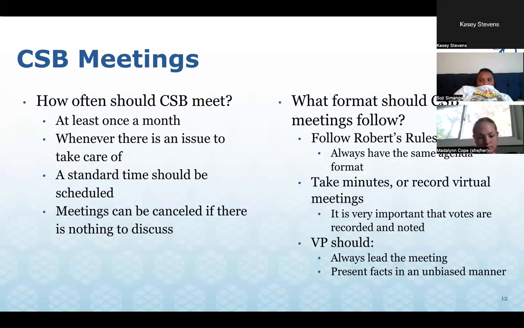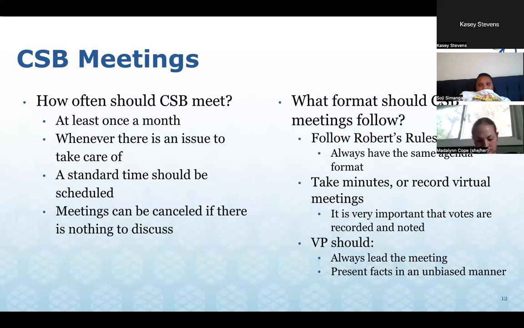Okay. What format should chapter standards board meetings follow? I would recommend, just like in chapter meetings, that you follow Robert's Rules of Order. Not only does this help provide a standard agenda and format for each meeting, you can always have the option to revisit business that may have been tabled from your last meeting, or maybe you needed to research or get more information.